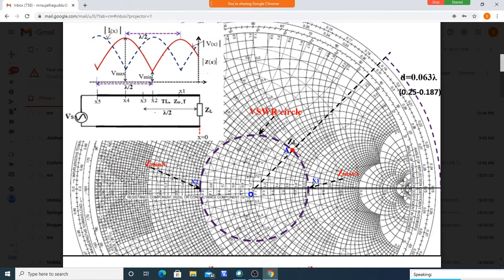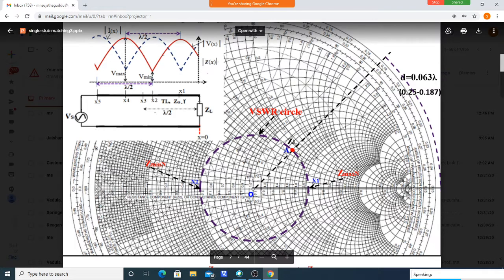So automatically the maximum must occur wherever the VSWR circle cuts the right side of this Smith chart. Starting from the load you move like this, and wherever the VSWR circle cuts the right side of the horizontal line, you stop and read the impedance. That gives the maximum impedance while moving like this.